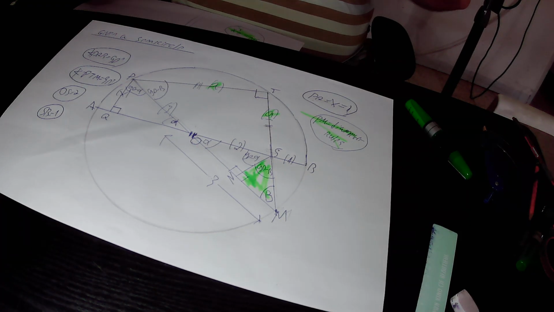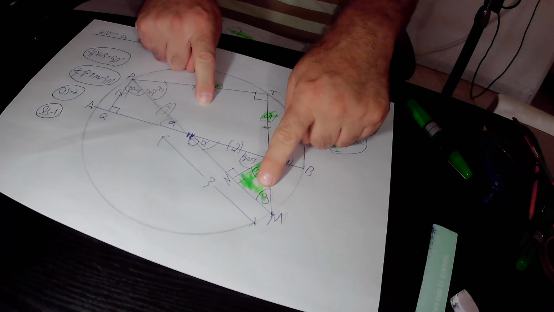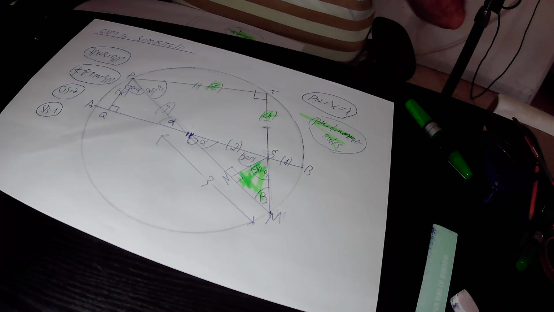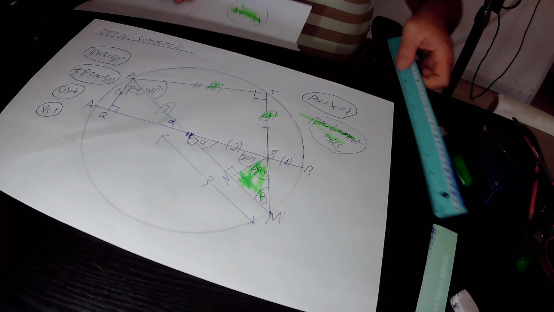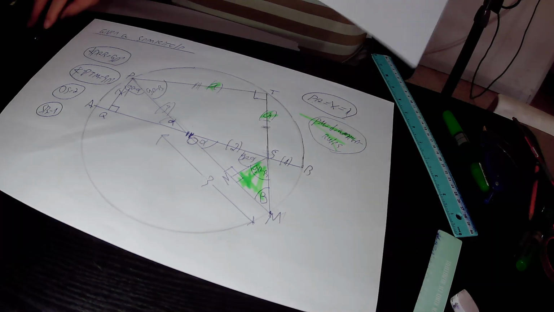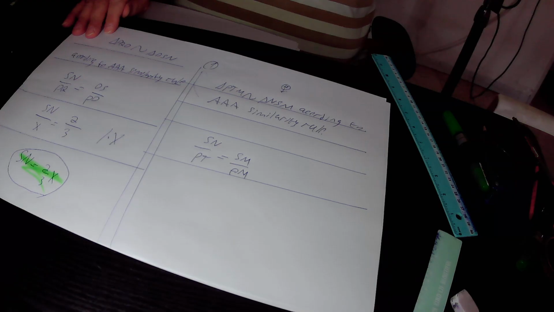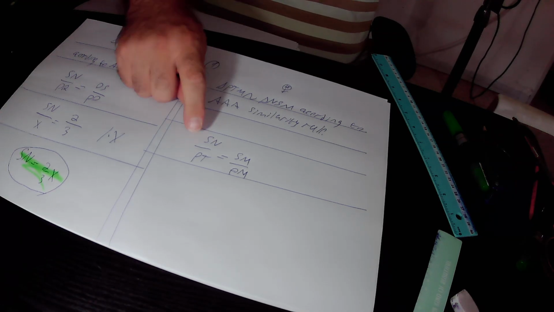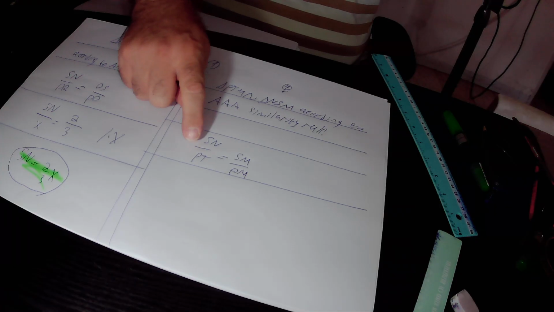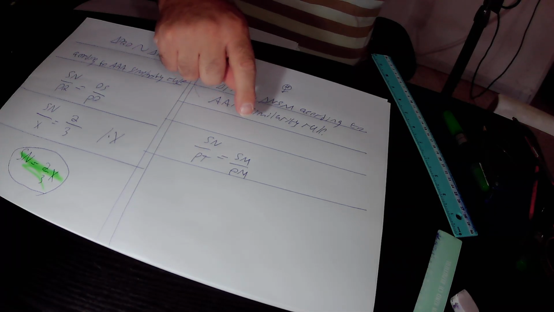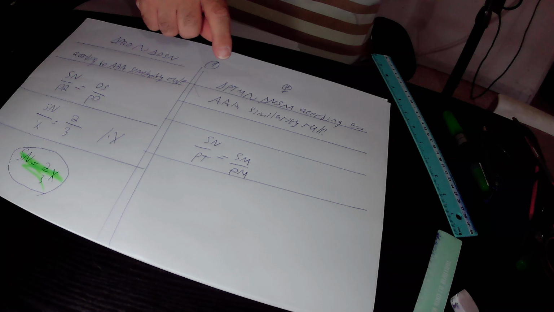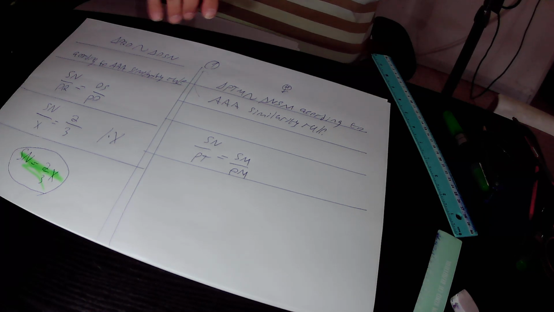Okay, again, from the fact that those two right triangles are similar to each other, we will derive that the following relationship exists between their sides. We derive that side SN of the green right triangle NSM over side PT of the big right triangle PTM equals side SM of the green right triangle MSN over side PM of the big right triangle PTM.